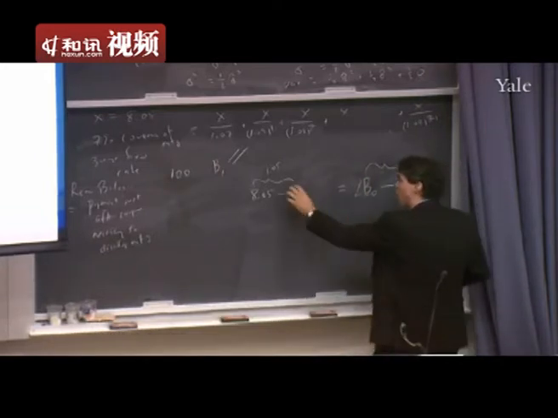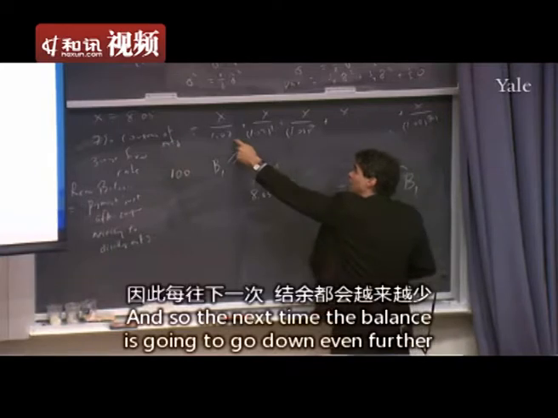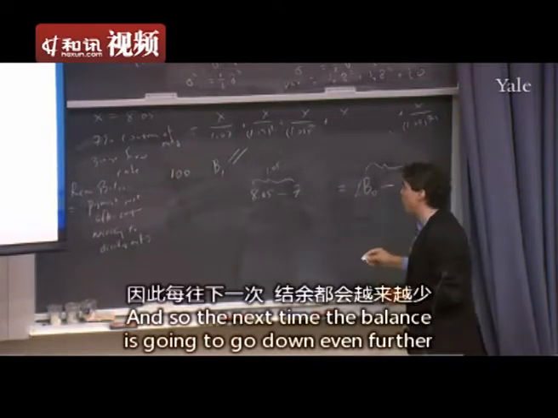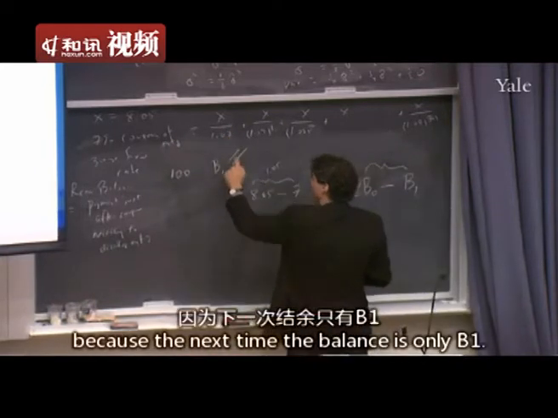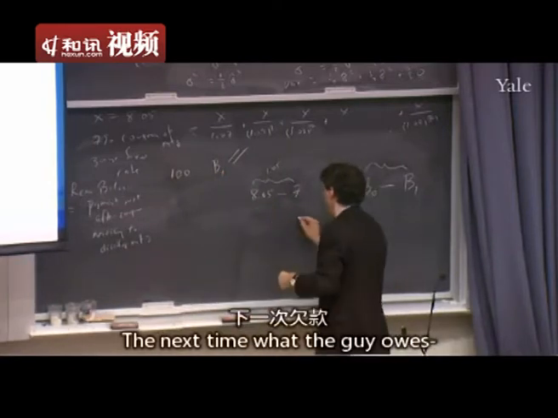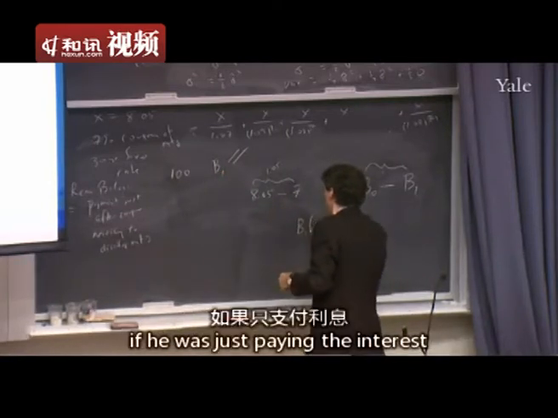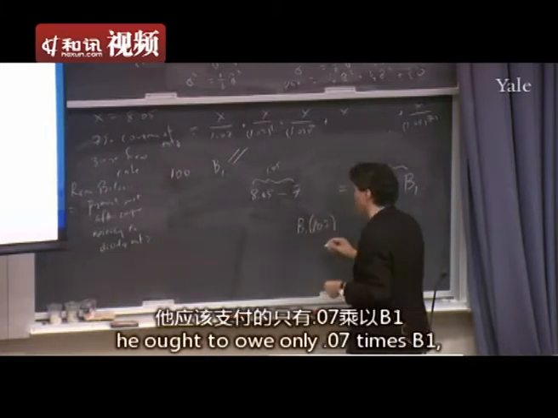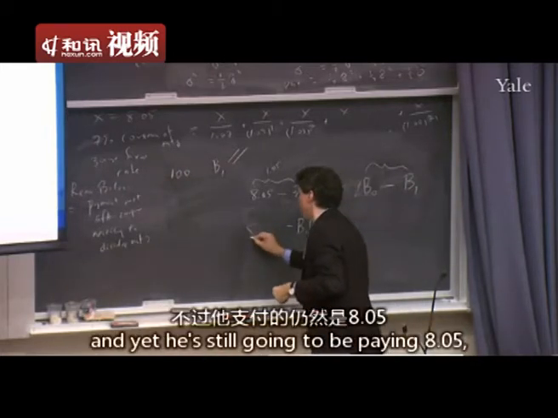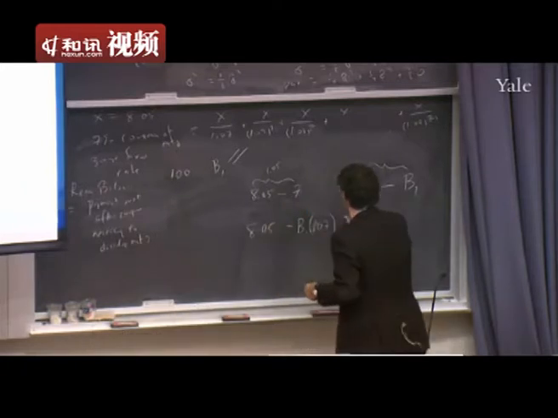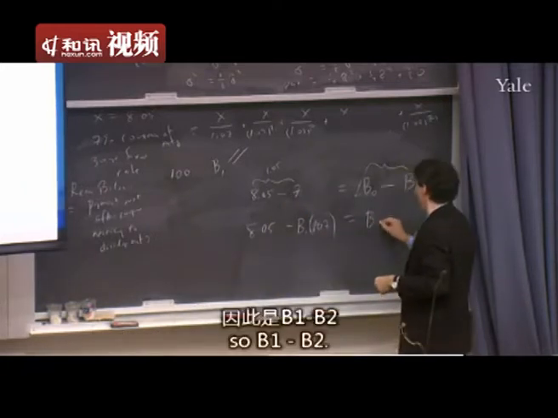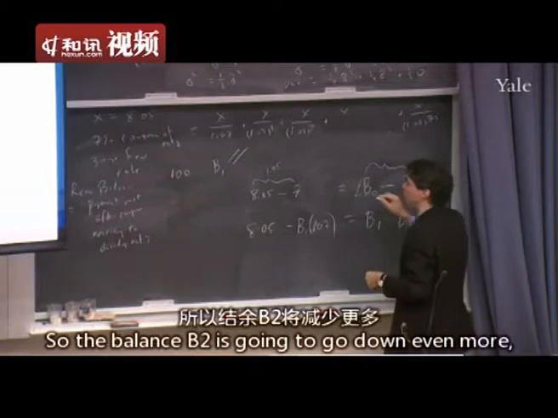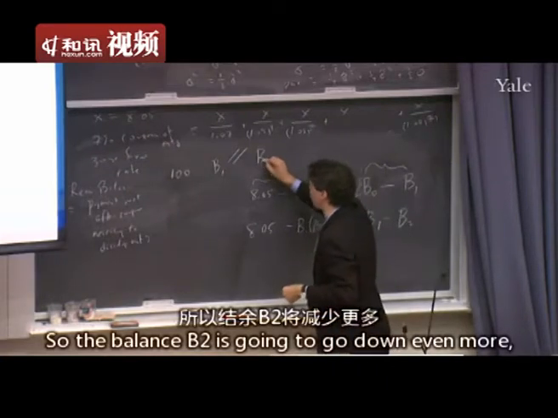And the next time, the balance is going to go down even further, because the next time, the balance is only B1. What the guy owes, if he was just paying the interest, he ought to owe only 0.07 times B1, and yet he's still going to be paying 8.05. So B1 minus B2, the balance B2 is going to go down even more.